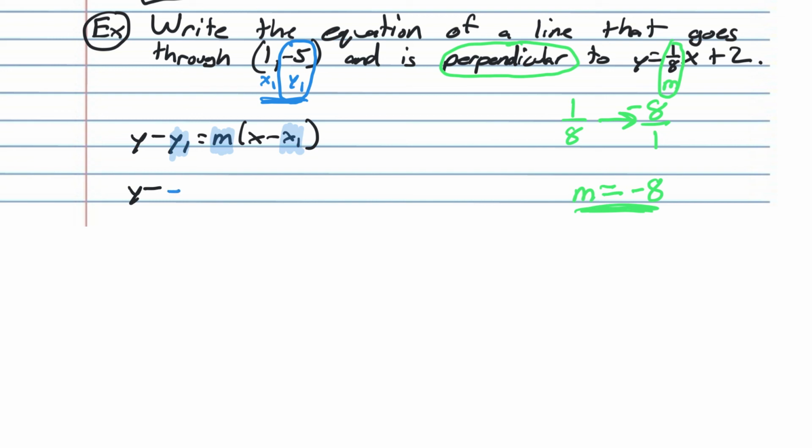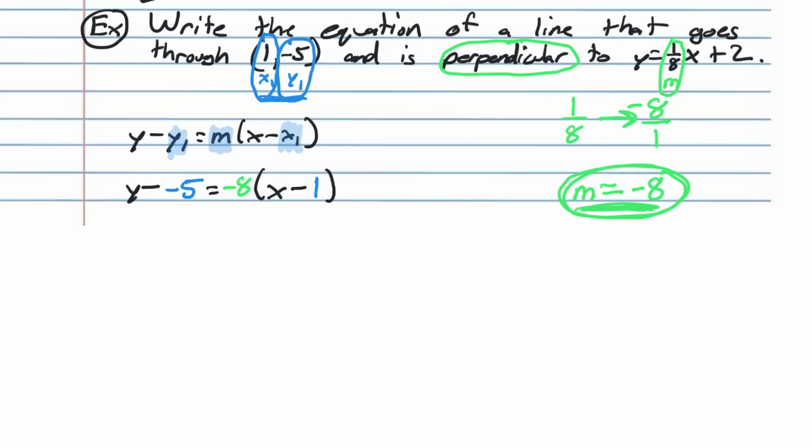We're going to put a -5 in here, so this is going to be a double negative. That first black minus sign is always there no matter what. The second minus sign is because the 5 is negative. Then we have m, which we now know is -8. And then x minus x1, which we know is 1. So that's point slope.